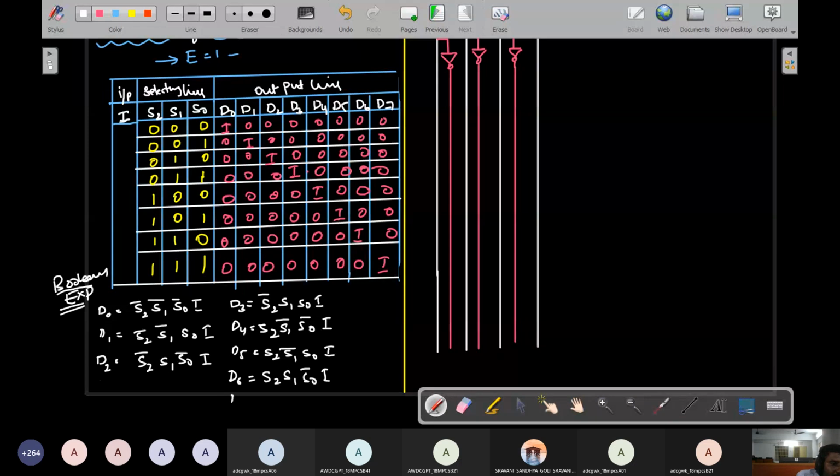D7 is S2, S1, S0, I. So these are the Boolean expressions of the outputs.